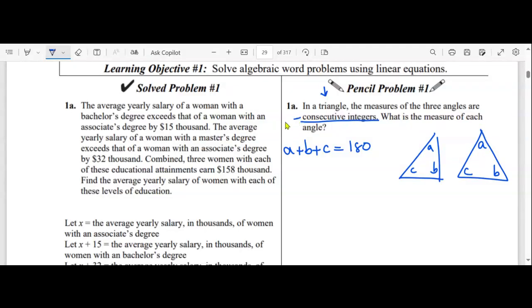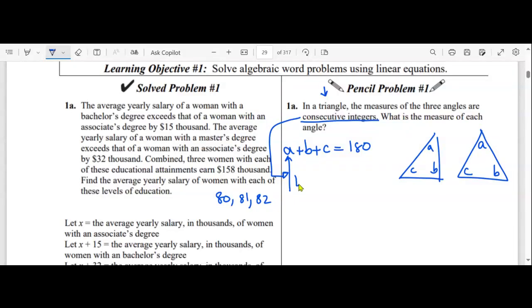What does consecutive mean? It means after each other. So if I say you are on page 80, what's the next page? 81. What's the next page? 82. Very good. So if I don't know the angle for the first one here, what value should I put?